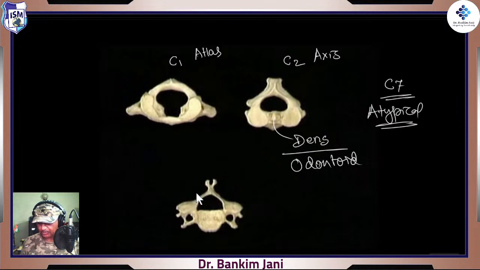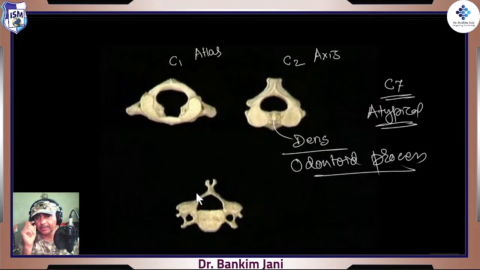Why so? We said that there would be an intervertebral disc between C2 and C3, C3, C4, C5, C6 and onwards. But there is no intervertebral disc between C1, C2 or say atlanto-occipital joint, right?